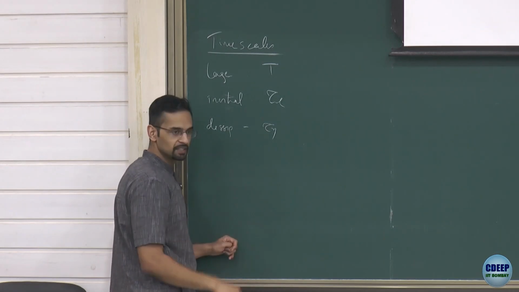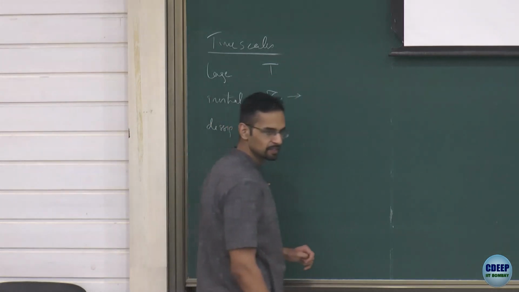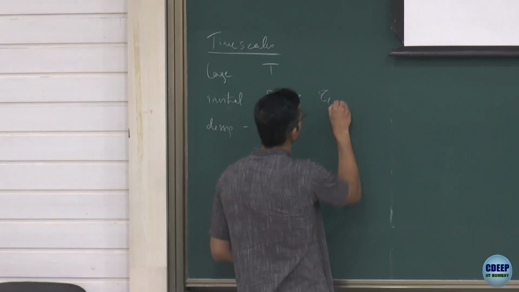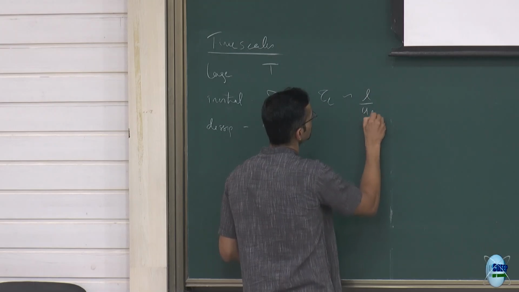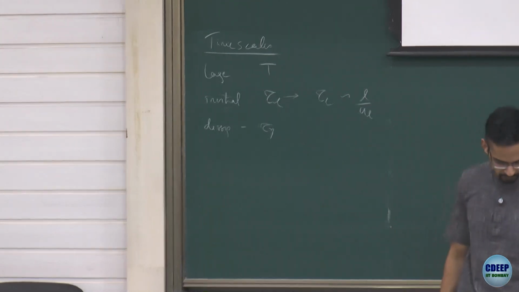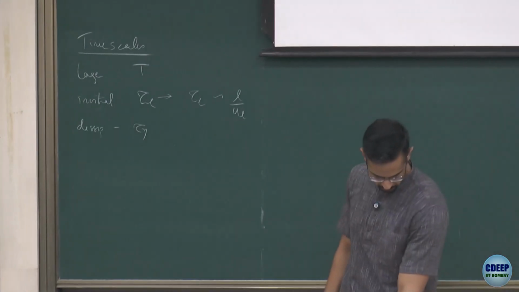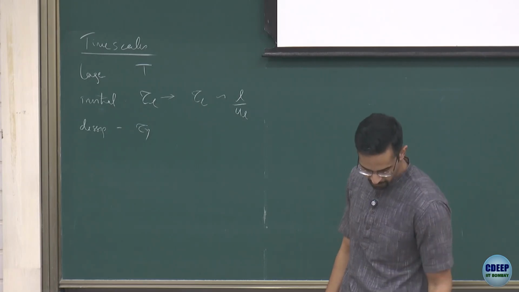That controls the Kolmogorov time scale. So what I want to know is to look at this tau L. I know that tau L should go like L by U_L.